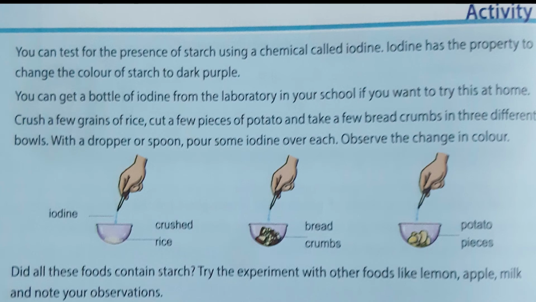Observe the change of color in each bowl. If the color of the food changes to blue or black, then the food substance contains starch. If the food does not contain starch, the color of the iodine remains yellow or orange.